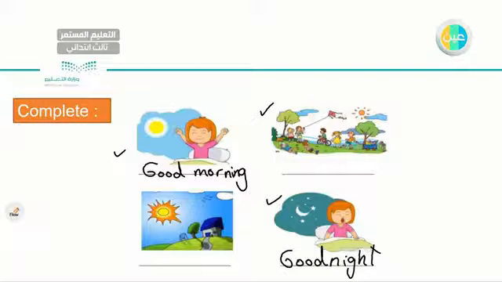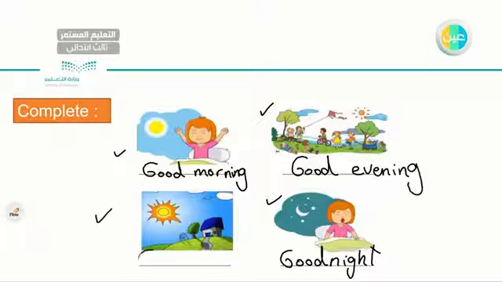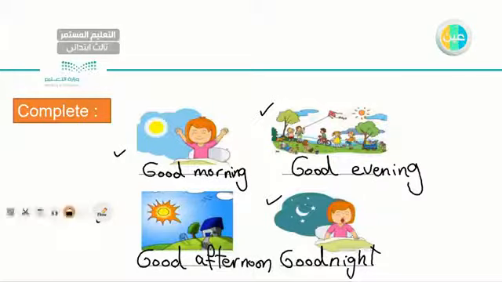How about this one? What do you think? It is good evening. Very good. And the last one I have is good afternoon. Very good. Now, I guess we're ready to start.